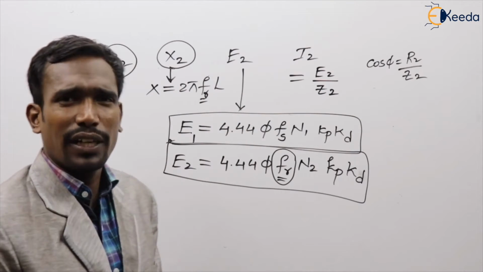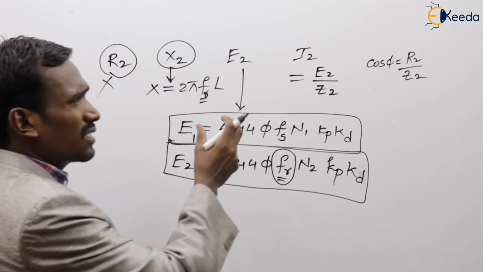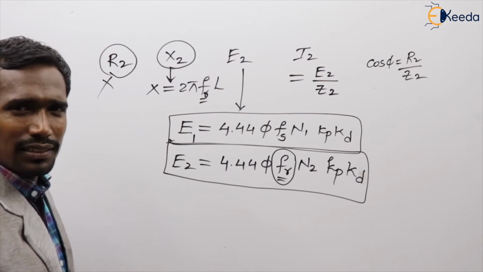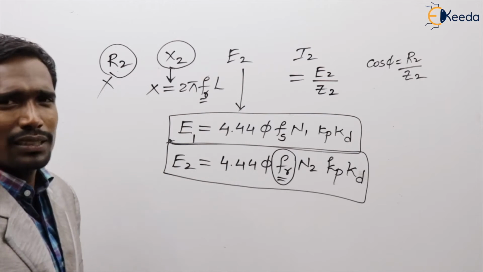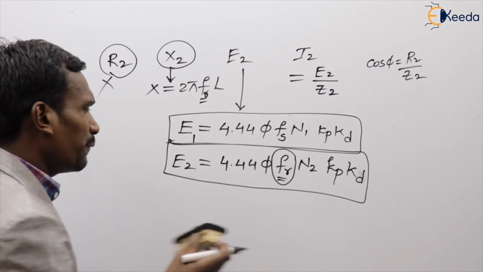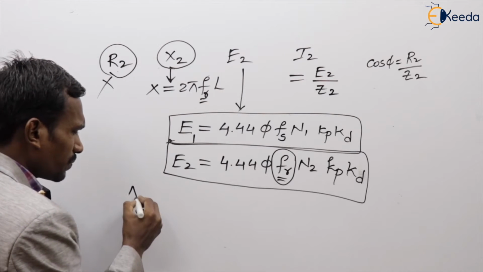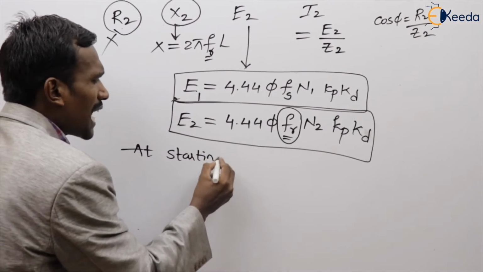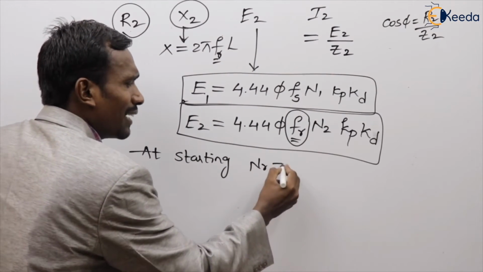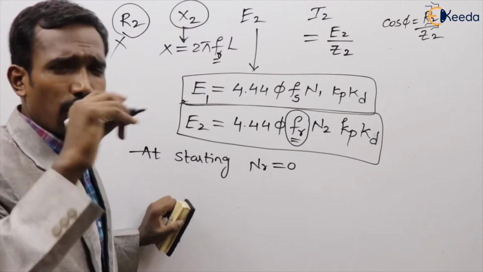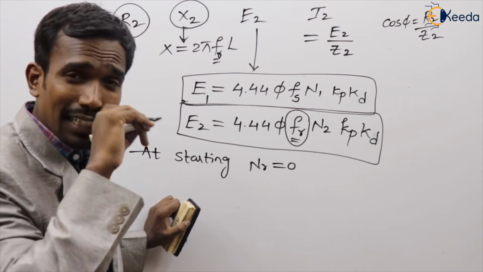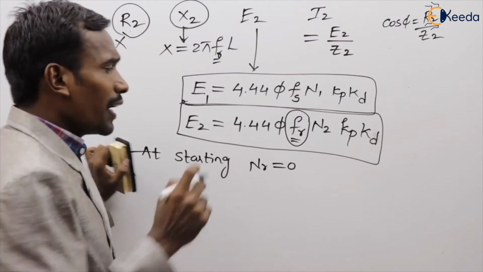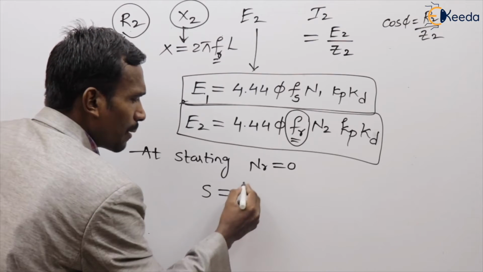Right? Let's do the rotor analysis. We have rotor parameters, and we have to draw those values. Before that, at starting, what is Nr? Nr is equal to 0. If Nr is equal to 0, what is the slip?